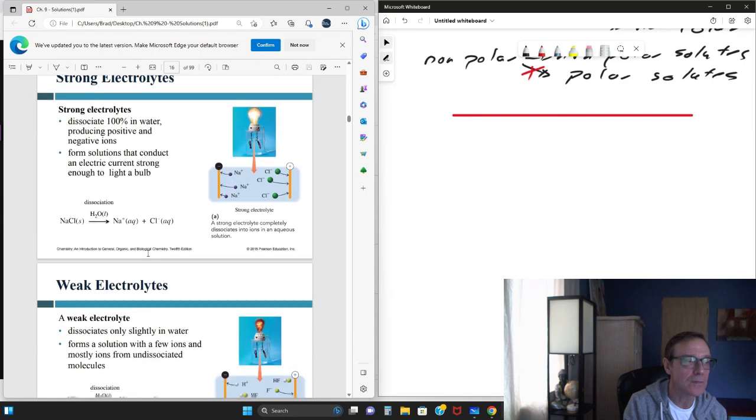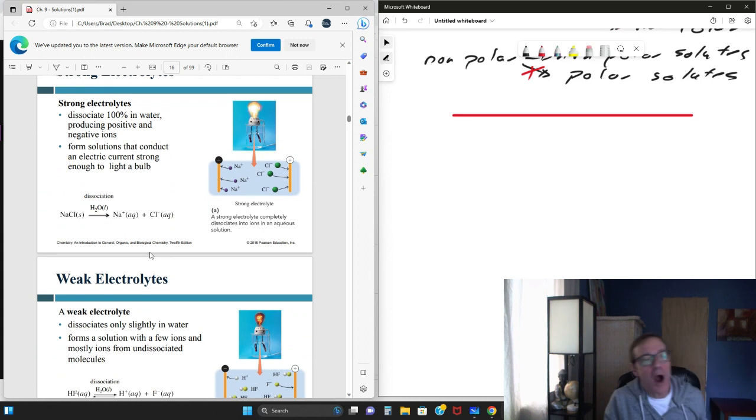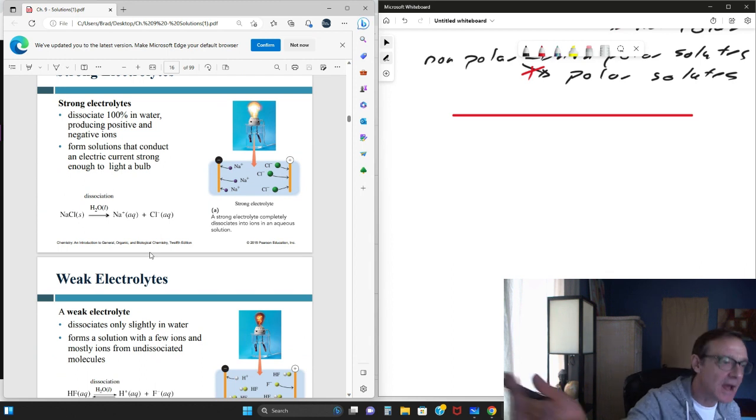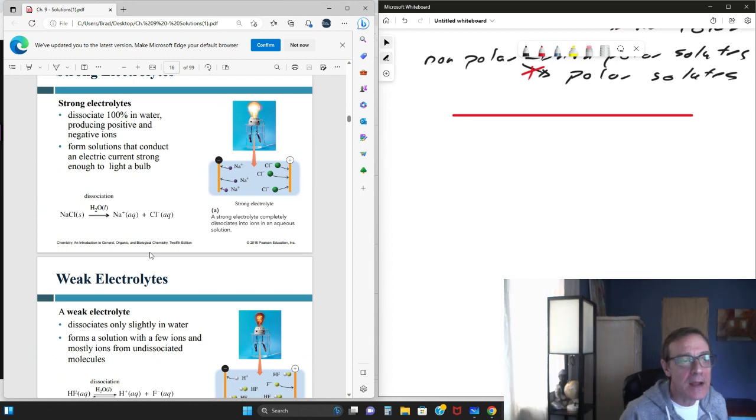Okay. So the strong electrolytes are the ones that hit water and dissociate 100%, such as salt. Sodium chloride dissociates into sodium and chloride, and you can test this by running an electrical current between a cathode and an anode, the cathode being the positive bar over here, the anode being the negative.